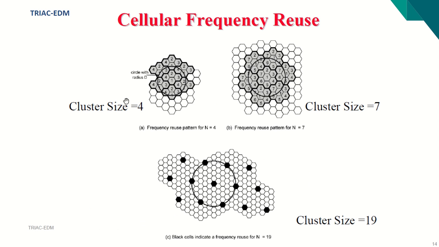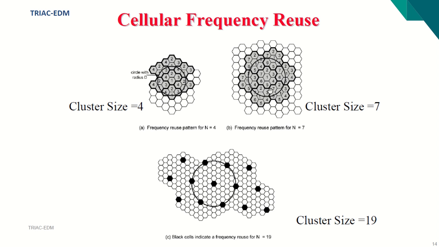And then we will see different cluster sizes. For example, here is a cluster size of 4. So it has 4 sets of frequencies, and you see 1, 2, 3, 4 repeating.